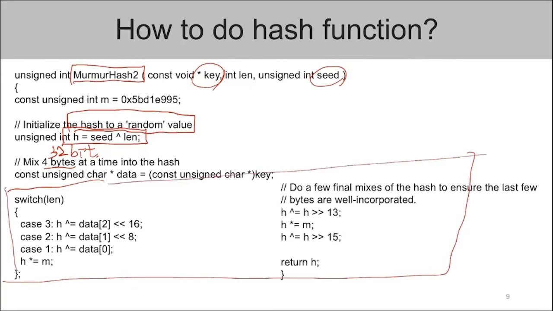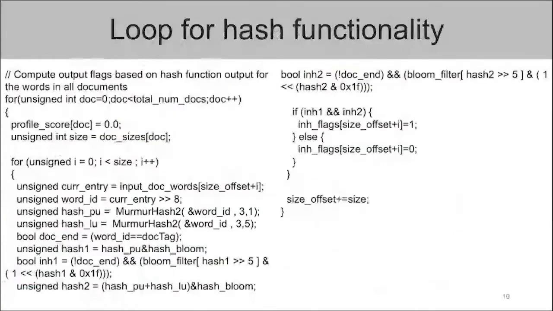And if we want to do 32 bits here, first, let's see. Here's one loop. It's called number of documents, which means the total documents you input into this application.